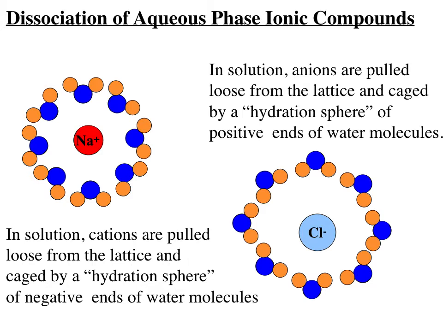Most importantly, the negative end of the water molecule orients itself so that it is pointing towards the positive cation of sodium. And on the other side of the slide, I show somewhere else floating in the solution a chloride anion as it might be depicted in this aqueous medium of water.